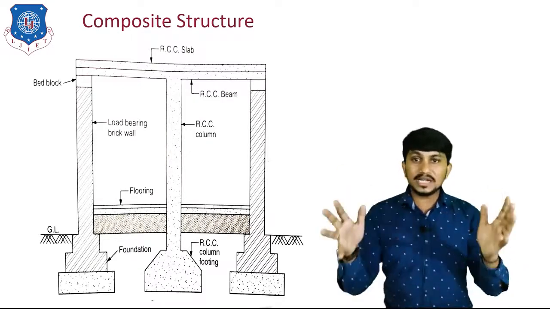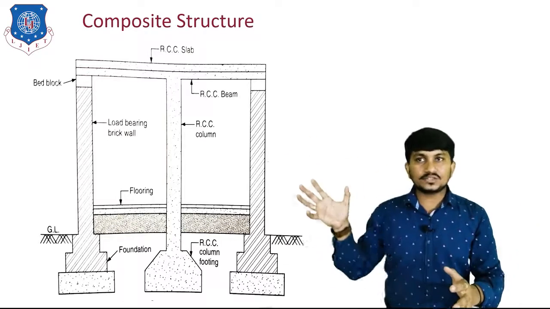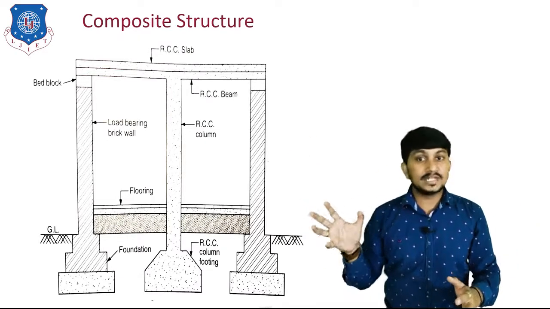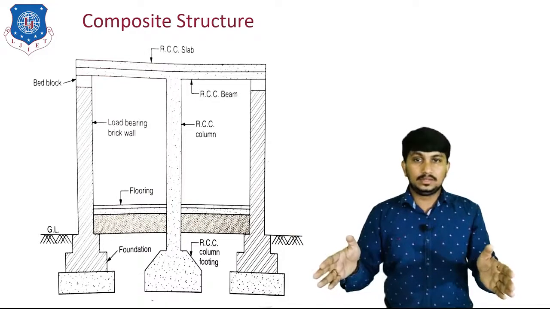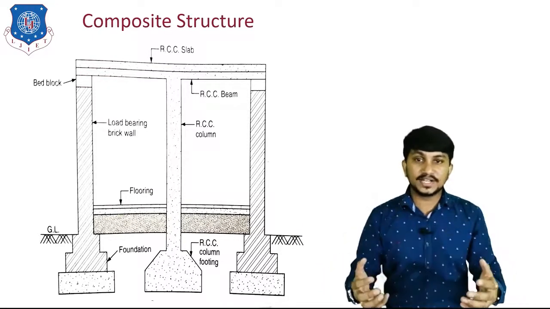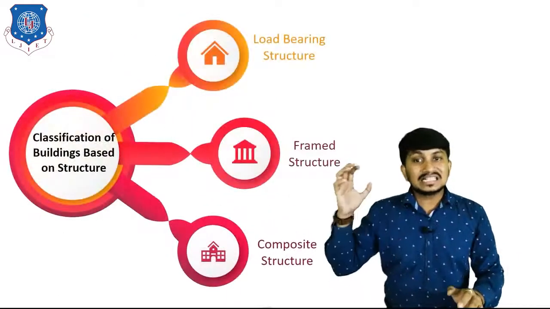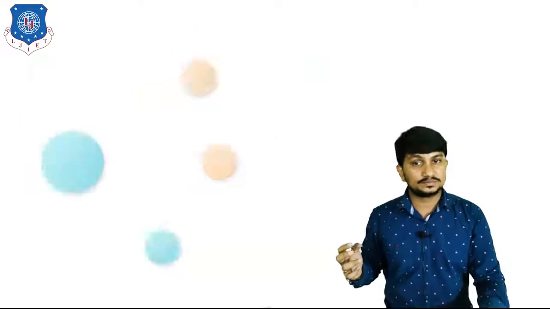So basically it is a combination of load-bearing structure and frame structure. This type of structure is called composite structure, which is used where large spans are required in any building, like godowns or industrial sheds, etc.